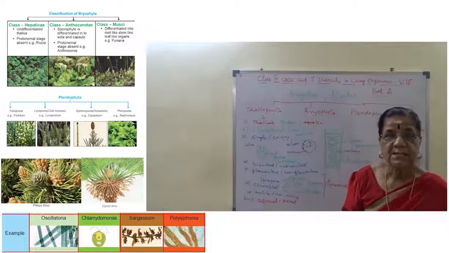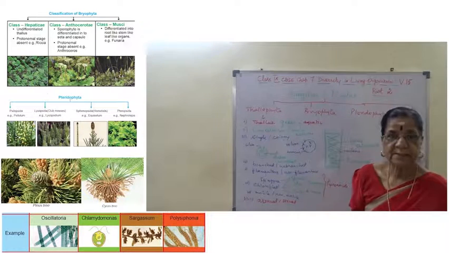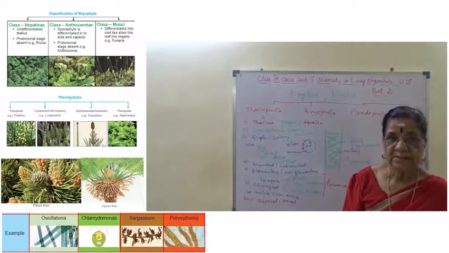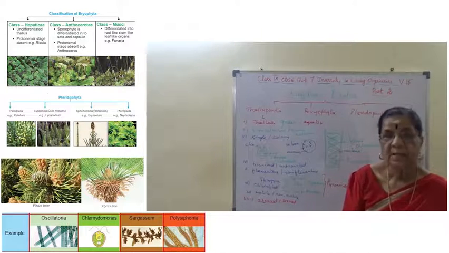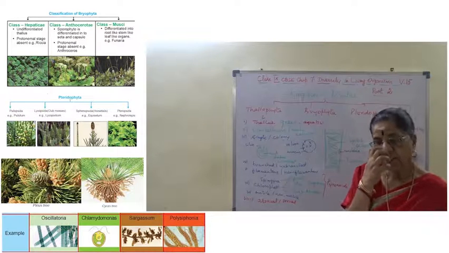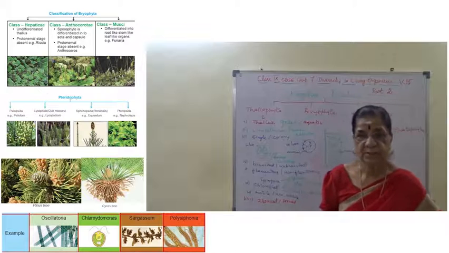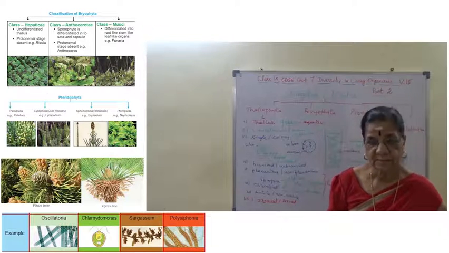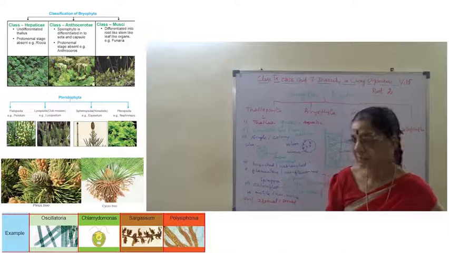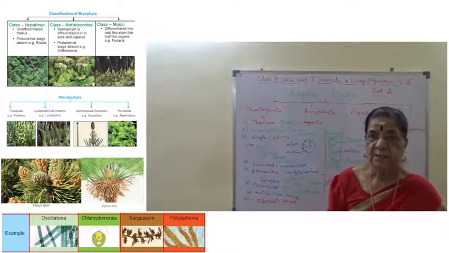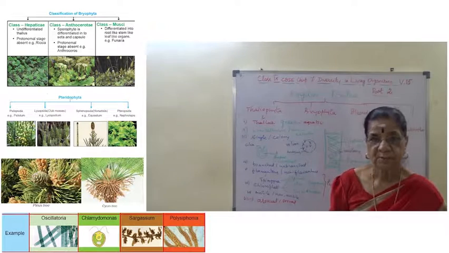What are they? Class Hepaticae, class Anthocerotae, and class Musci. Class Hepaticae, example Riccia and Marchantia; Anthocerotae, example Anthoceros; and class Musci, example Funaria. I hope you understand.